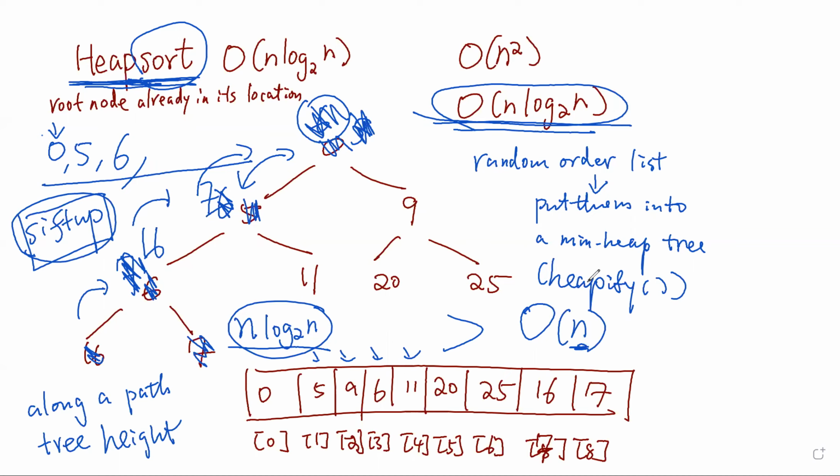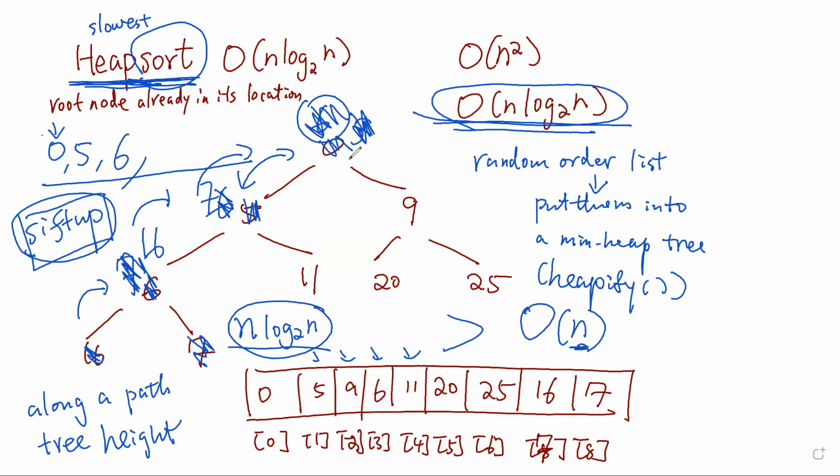If you read the articles comparing sorts, for n log 2n we also learned quick sort and merge sort. Among the three, heap sort is the slowest, because you build a tree, heapify, and then sift up.